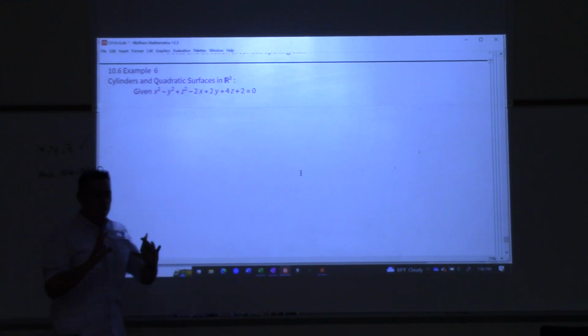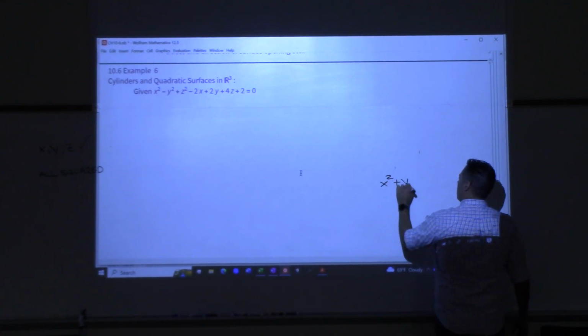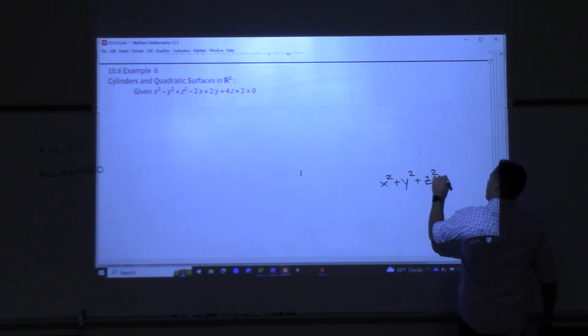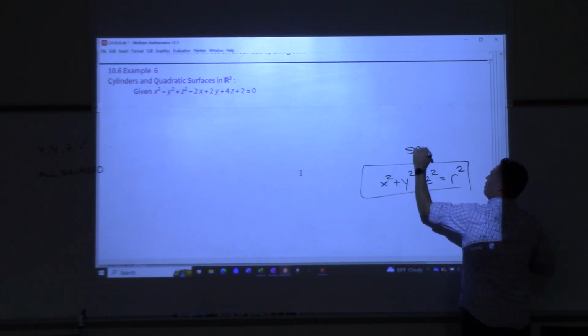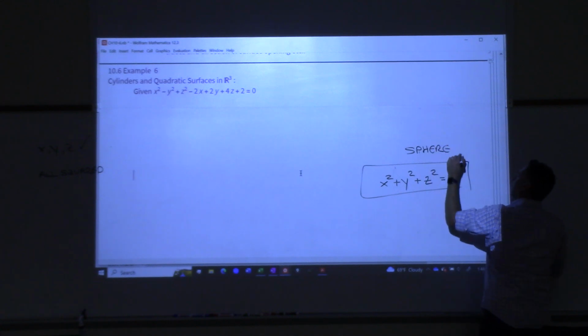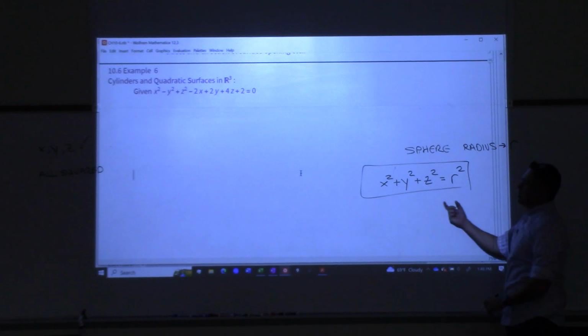So all of the objects that I've shown you, let me formulate this idea this way. This right here is a sphere with a radius of r.